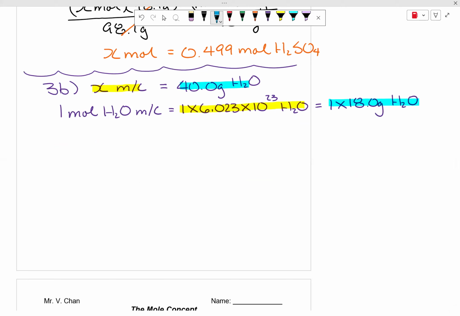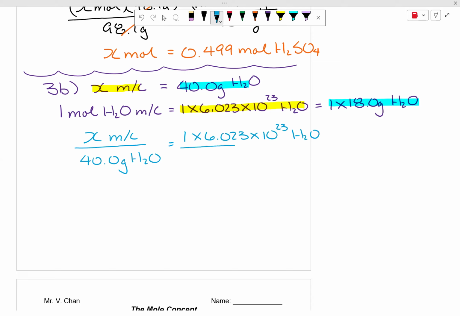So if I have X molecules over 40.0 grams of water, that is equal to 1 times 6.023 times 10 to the 23 water molecules, all over 1 times 18.0 grams of water molecules.